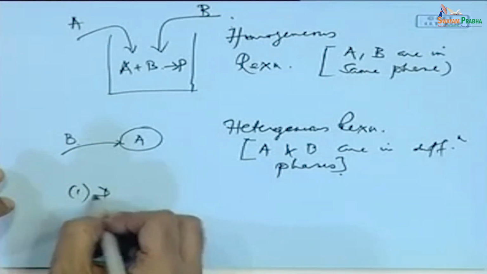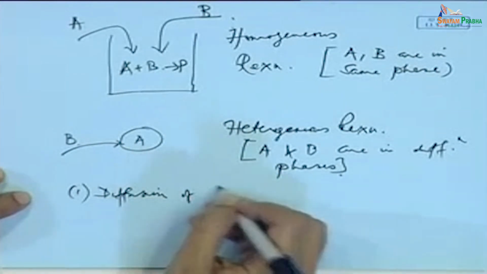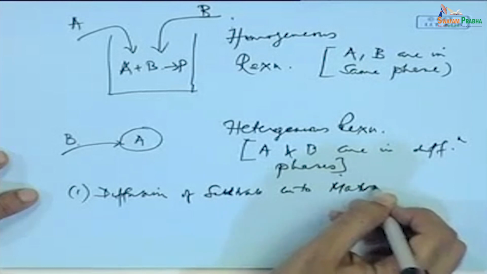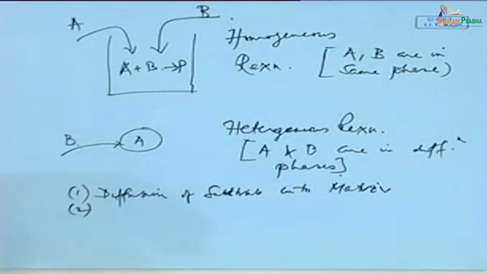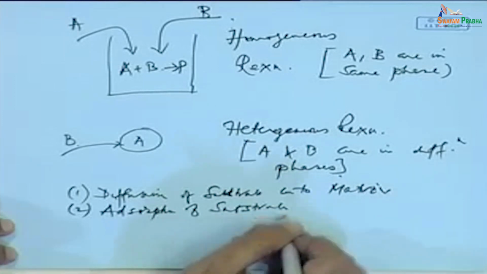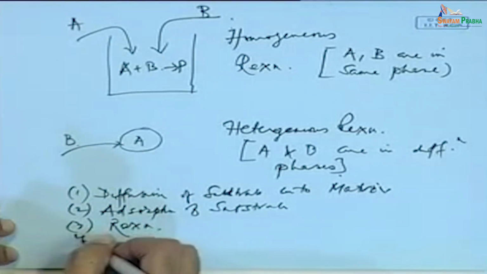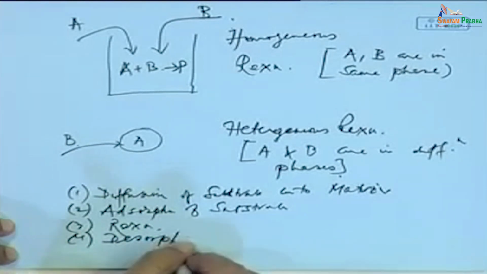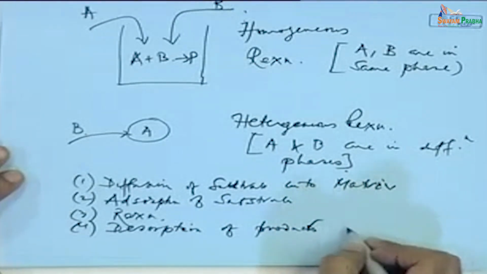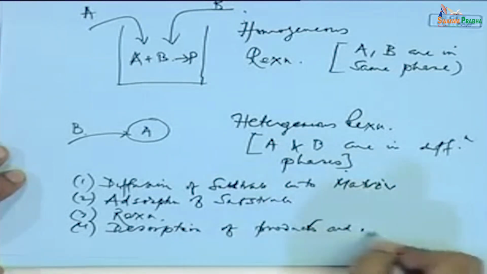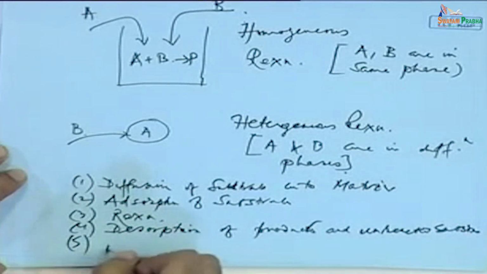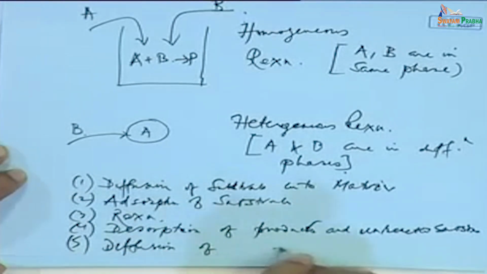The processes here are diffusion of substrate into the matrix, followed by adsorption of substrates, followed by reaction, followed by desorption of products and unreacted substrates, and then diffusion of products and unreacted substrates.